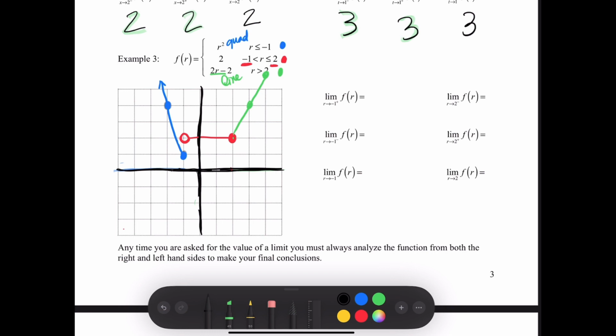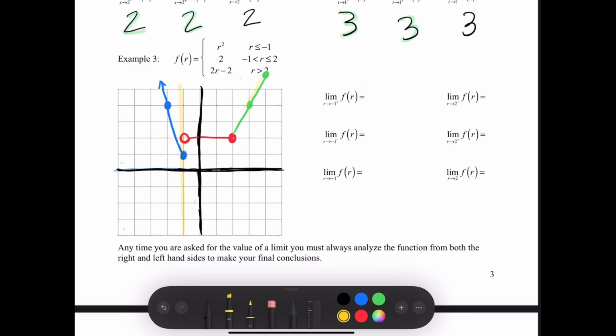Okay. Now that I have a piecewise function and have a nice graph to look at, I can evaluate my limit. So, first limit, I have the limit of f as r approaches -1 from the right. So -1 is here, and I'm going to be approaching it from the right.